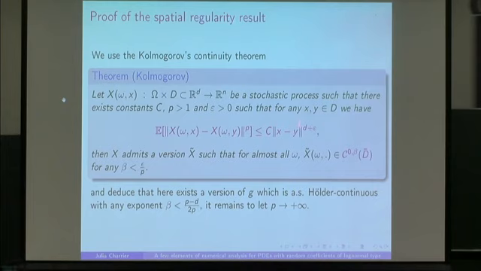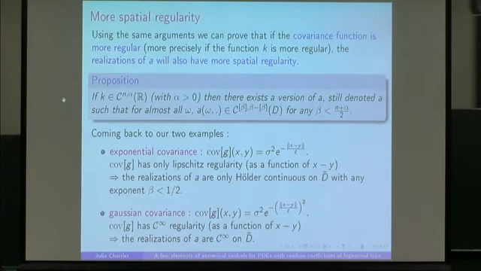In our case, it holds for any beta lower than this bound, and when p goes to infinity, you get 1/2. So basically, if k is Lipschitz, then for a fixed omega, A is a 1/2-order Hölder continuous function of x.